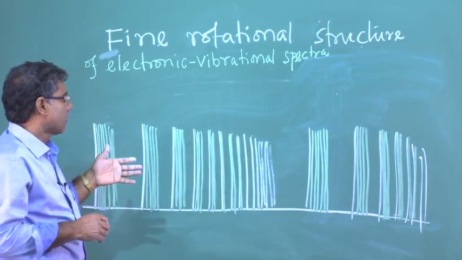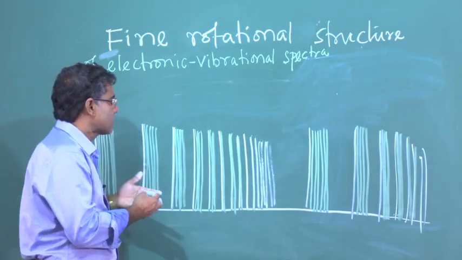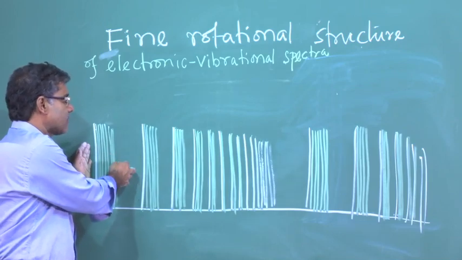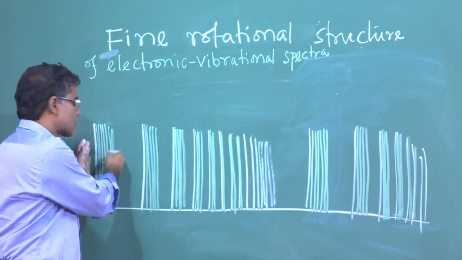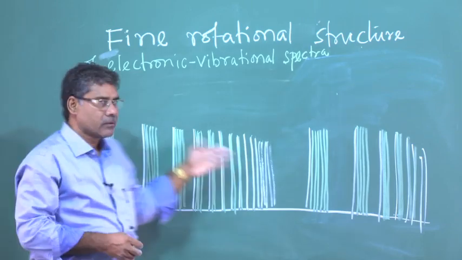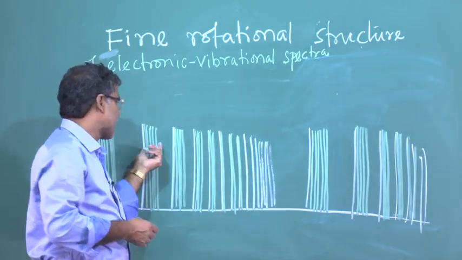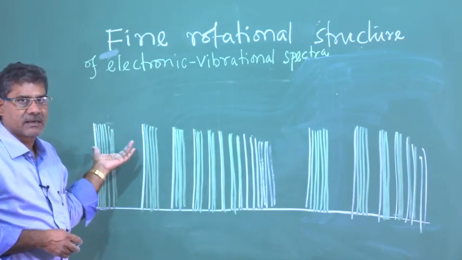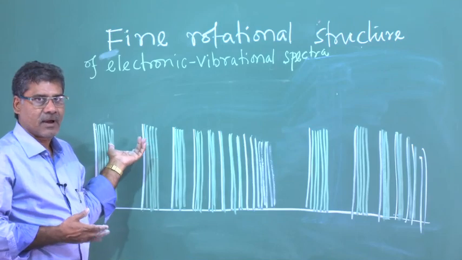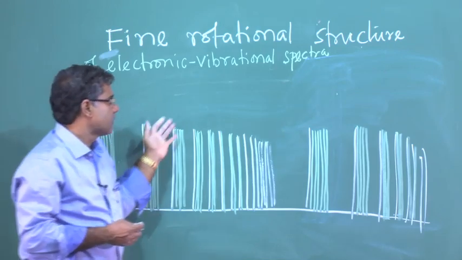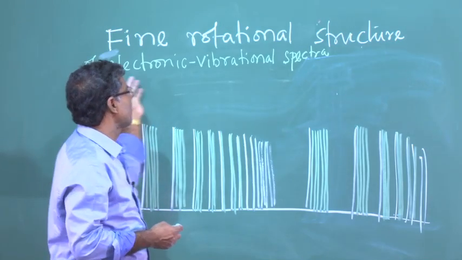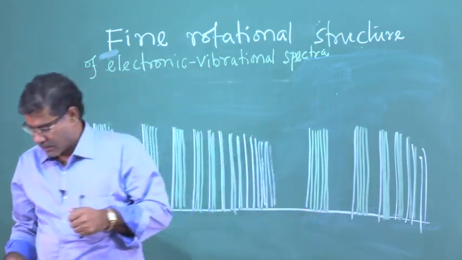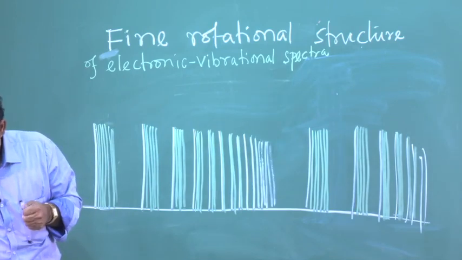In these electronic spectral lines of the molecule you have this kind of coarse structure as well as fine structure. This coarse structure is due to vibration of the molecule, and this fine structure is due to the rotation of the molecule. Coarse structure we have discussed, how intensity varies, Franck principle, etc. So, let us discuss slightly more about this fine structure due to the rotation of the molecule.